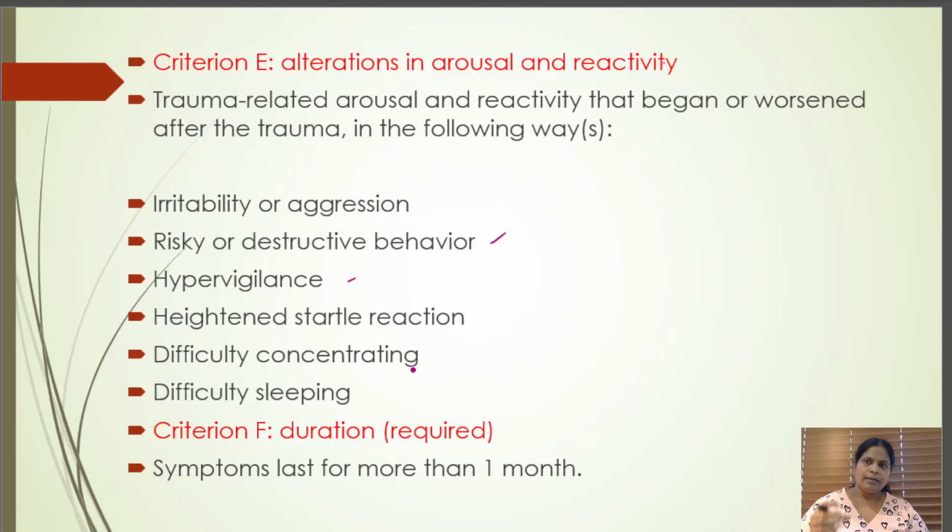But if after a month the person still has the same stress and anxiety, and this anxiety is present continuously, with nightmares and flashbacks for more than a month, and the person is not able to overcome the situation, and he's facing stress which is affecting his normal routine life, as well as his occupational functioning and social functioning, then we consider that to be PTSD.